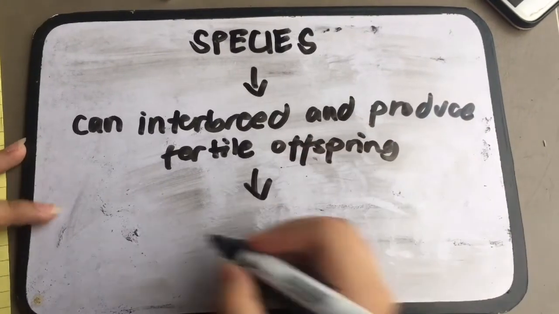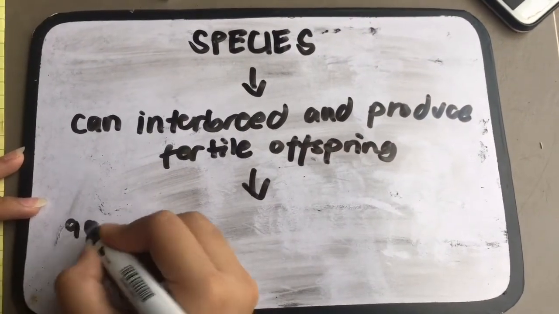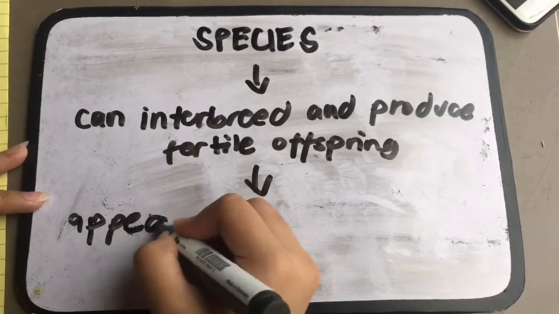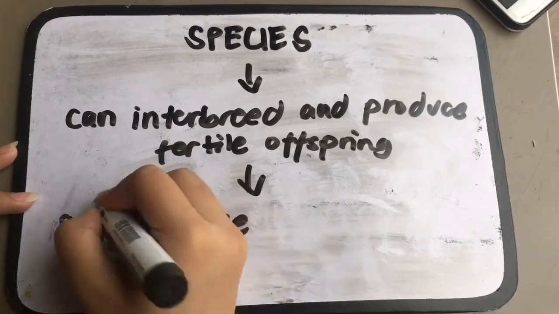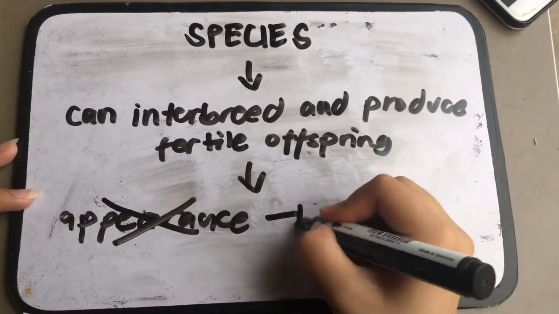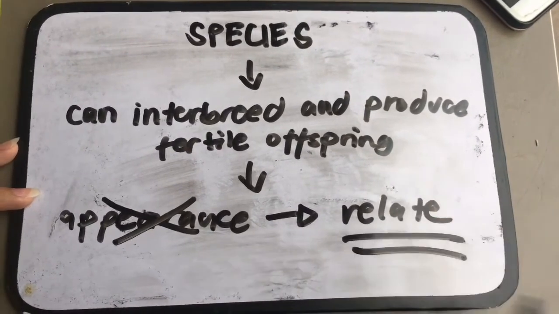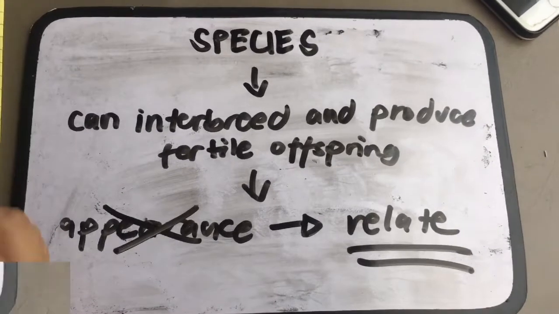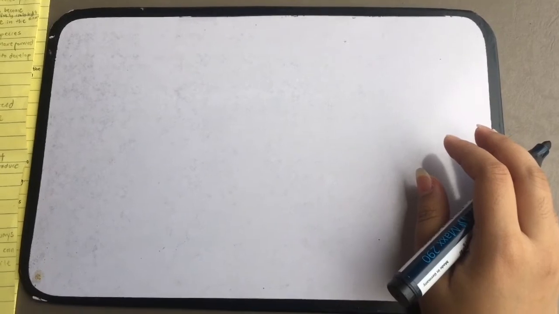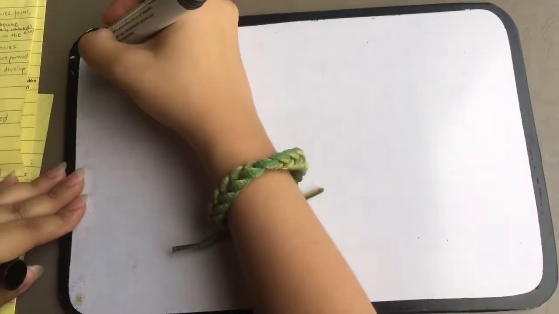And it is not based on the similarity of appearance, but on how they relate to each other. So that is the definition of species. Because of the definition of species according to the biological species concept, this gives an explanation of how species form: speciation.